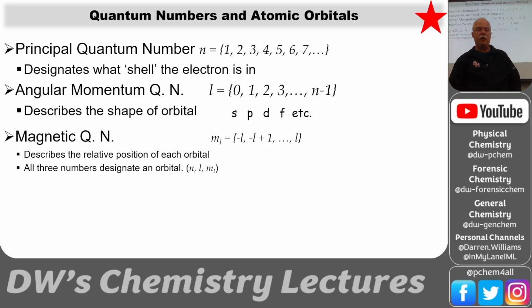Okay. Then we have the magnetic quantum number. The reason it's called the magnetic quantum number is because we don't see energy differences in this one until we put it in a magnetic field. But this gives the position, the relative position of each orbital. So when I was talking about the px, the py, and the pz orbitals, those would be the m sub l, -1, 0, and +1.